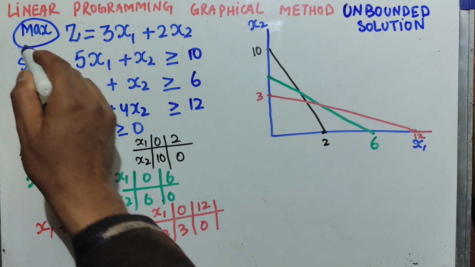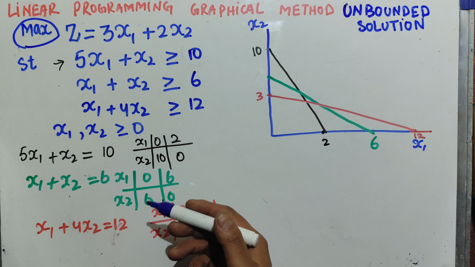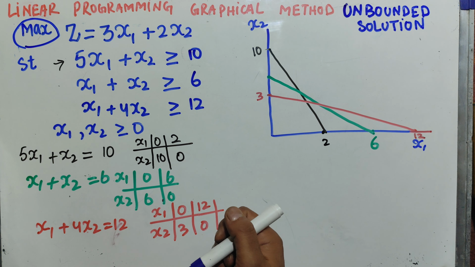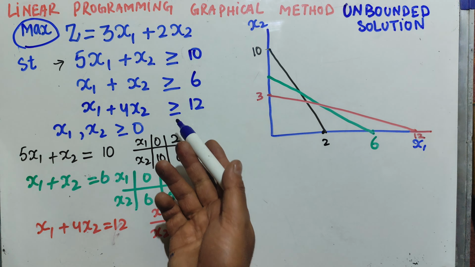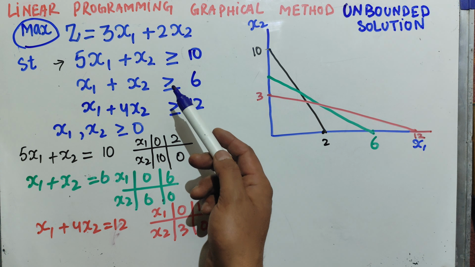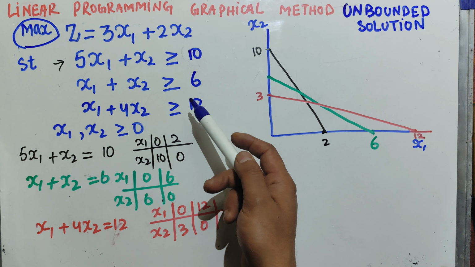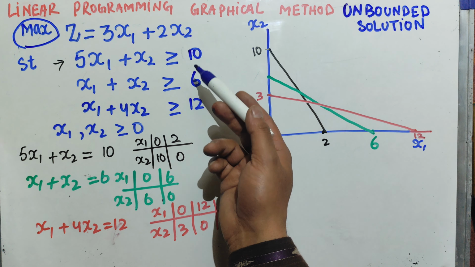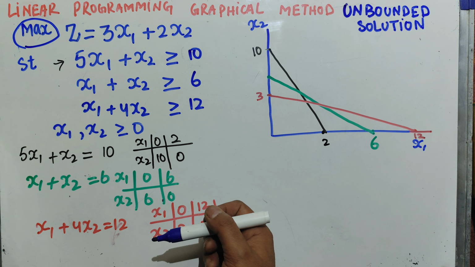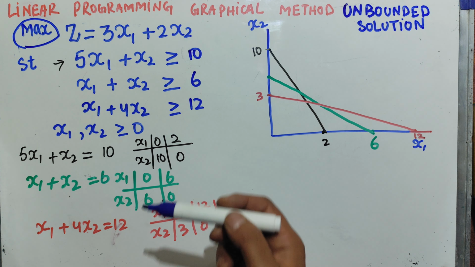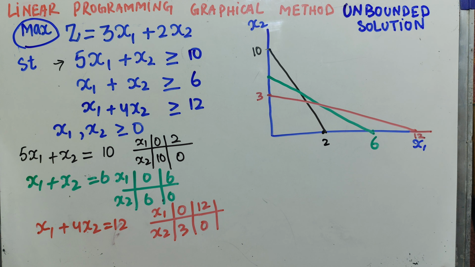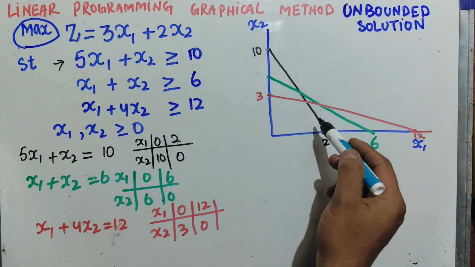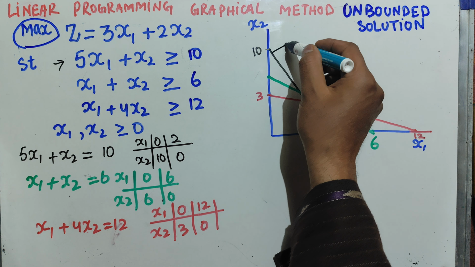Because all the constraints here are of the type greater or equal to some constant, for this black line we need to shade the area above.